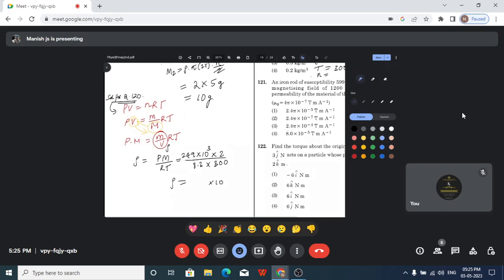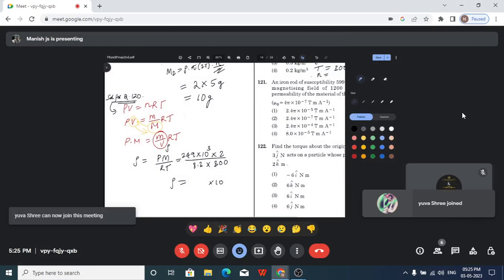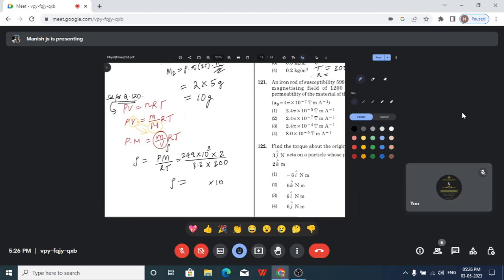After that, 249 into 2 is 498 upon 3. I have a 3 below, so it is divisible. 166 will come. 166 upon 8.3 will fetch you the final answer.